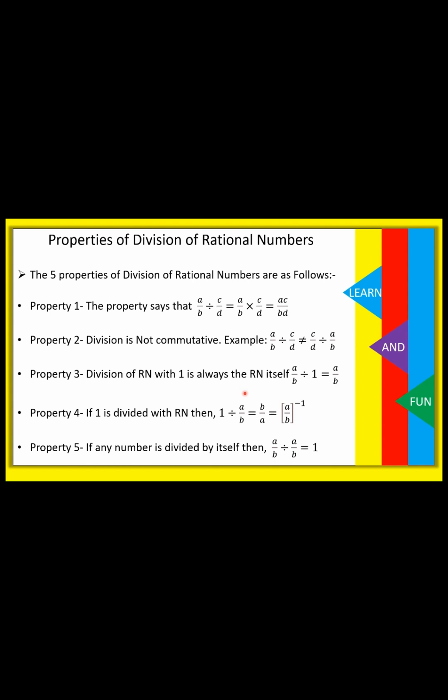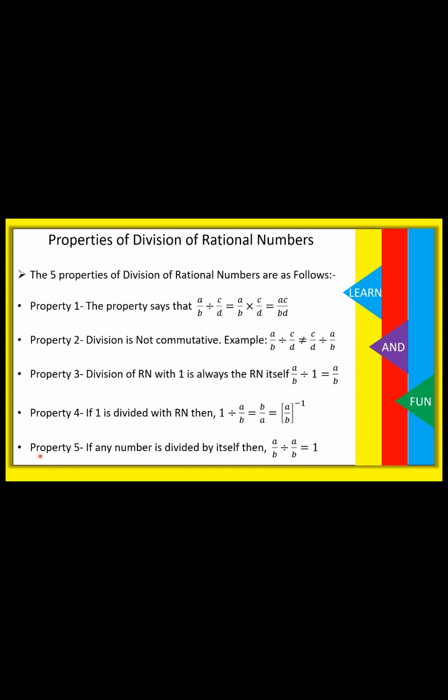It means 1 divided by a/b is equal to 1 into b/a, the reciprocal as stated in property 1, which is b/a. To get the value a/b back, we put the power as minus 1. Why minus 1? Because to take the reciprocal of any number, we change the power to negative, and the power is obviously 1, so it's minus 1.